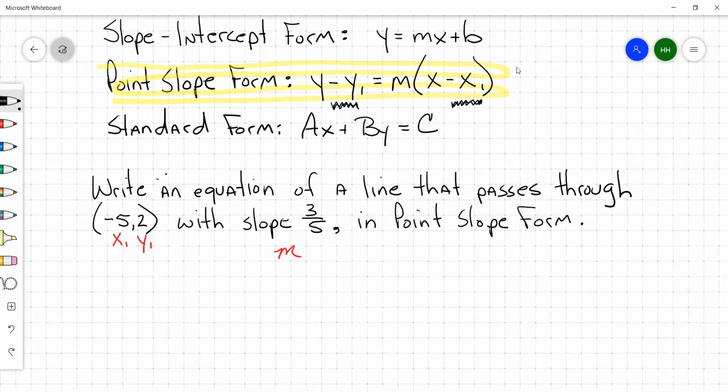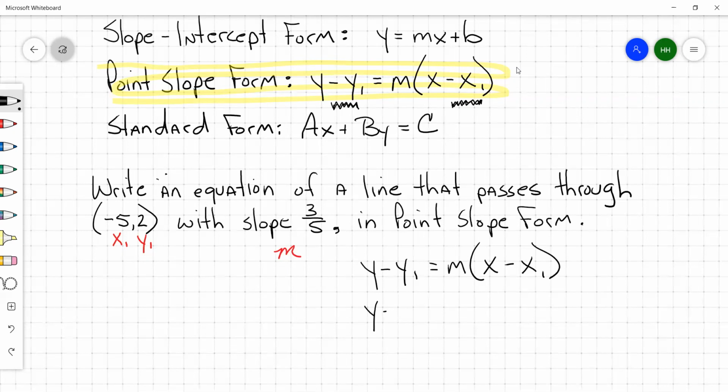So our point-slope form is y minus our y sub 1 equals m times x minus our x sub 1. Now if you're given the slope and you're given a point, it's just a matter of replacing. The letter y stays the same. And then next to the letter y goes the opposite of your y sub 1, or minus y sub 1.